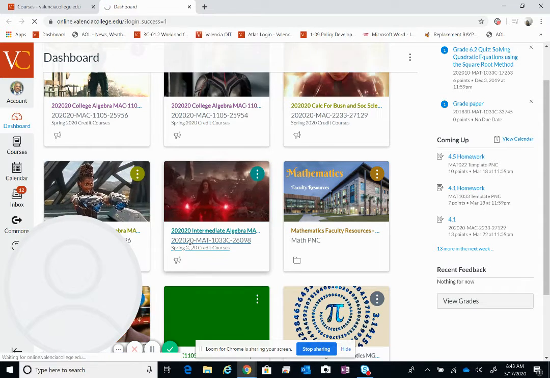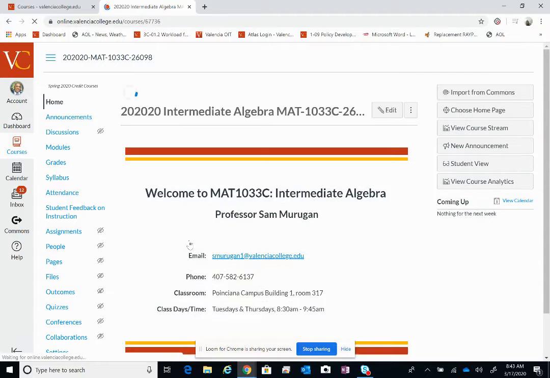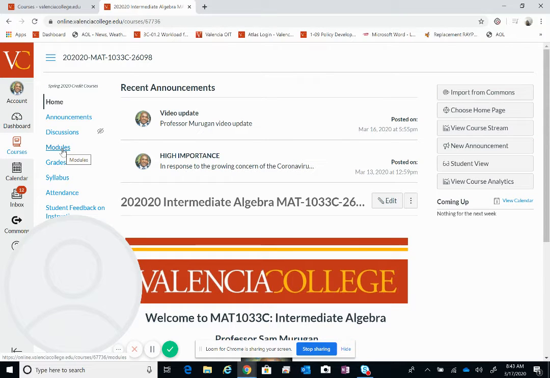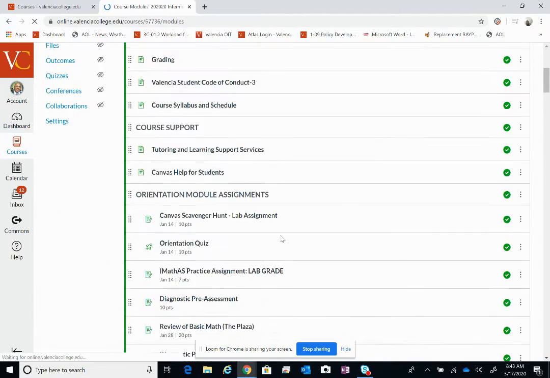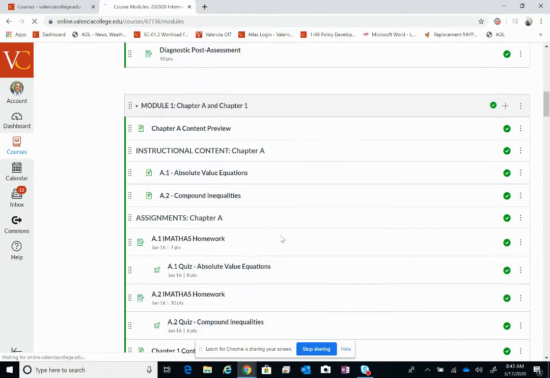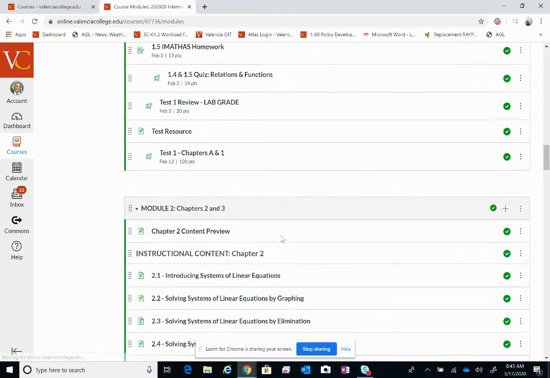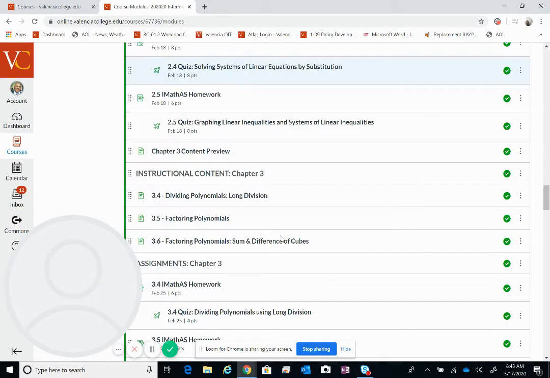Once you open up your course, if you go to the modules and scroll down to the module that we're currently in, which is module 3.